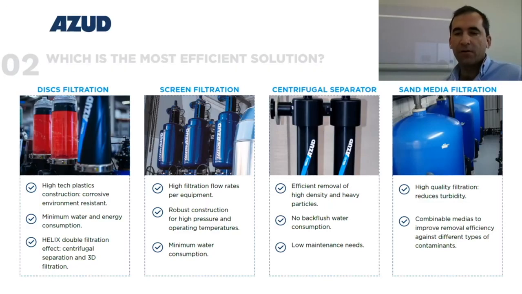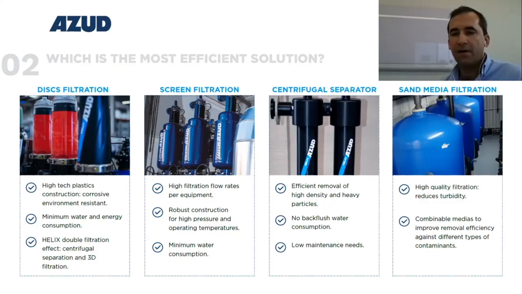Below 80 micron, the efficiency drops down dramatically, and in order to achieve 60 or 70% efficiency of removal of between 20 and 50 micron, you would need to put several stages, which makes this inefficient.